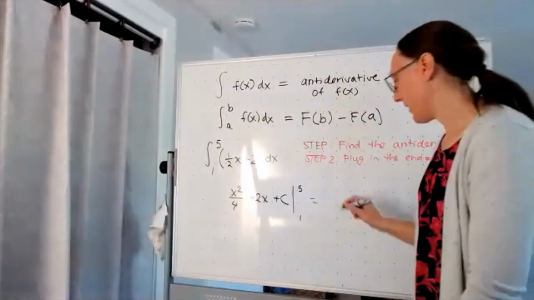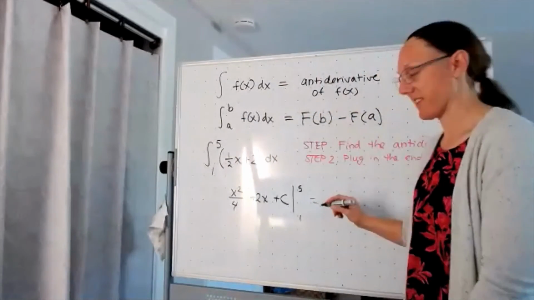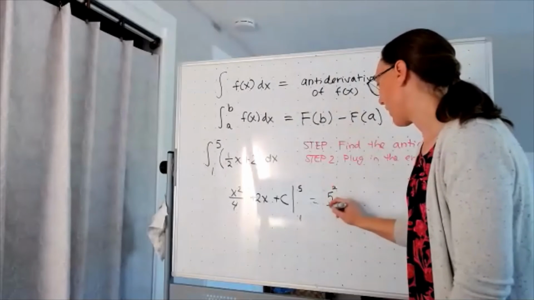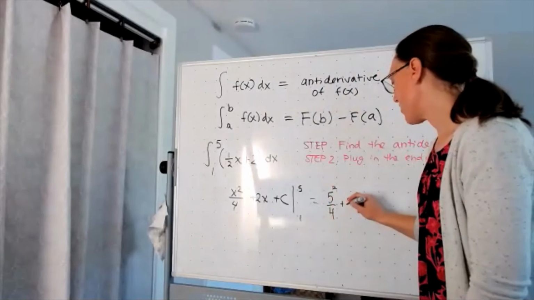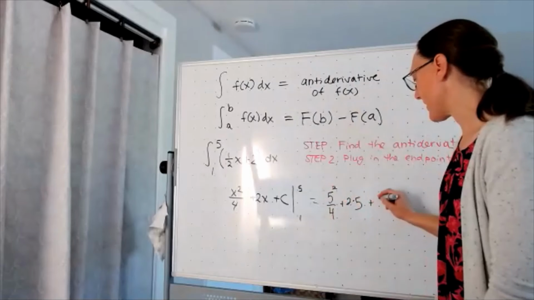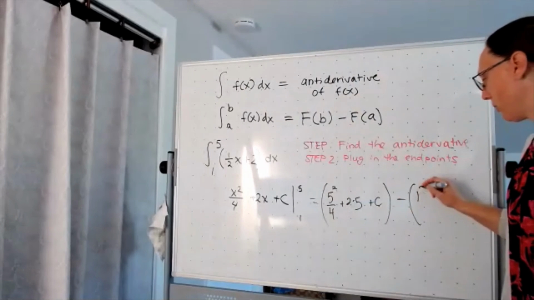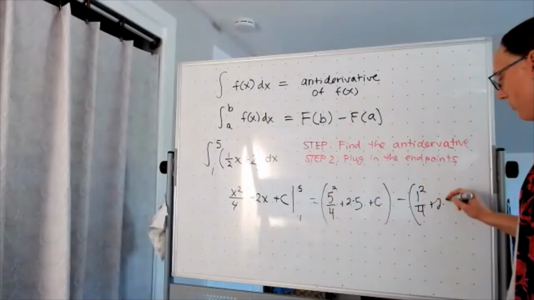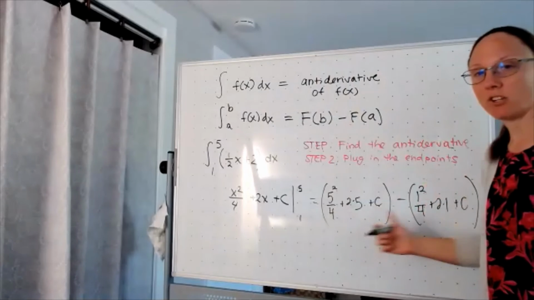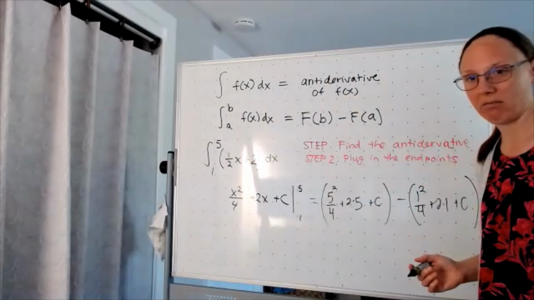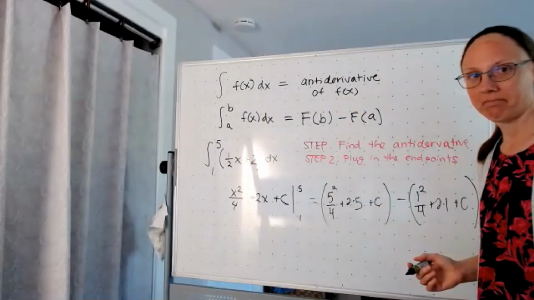And if I did that, I'd have 5 squared over 4 plus 2 times 5 plus c. And then I would subtract off 1 squared over 4 plus 2 times 1 plus c. And when you do the subtraction, the c's go away.